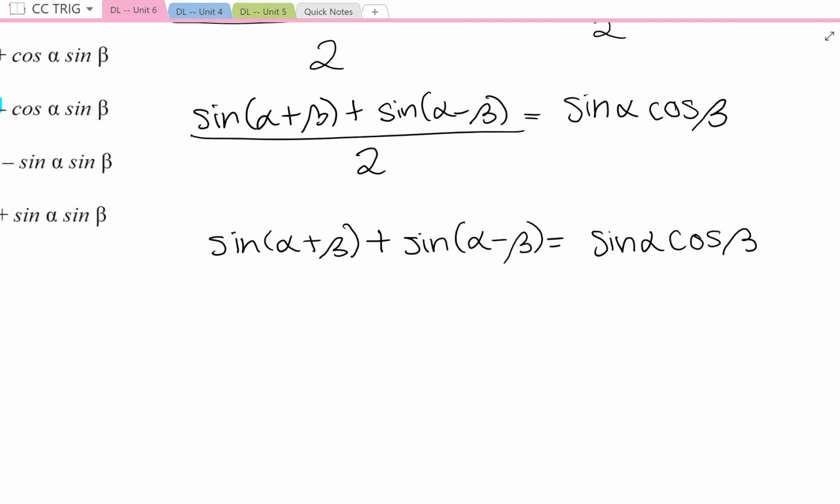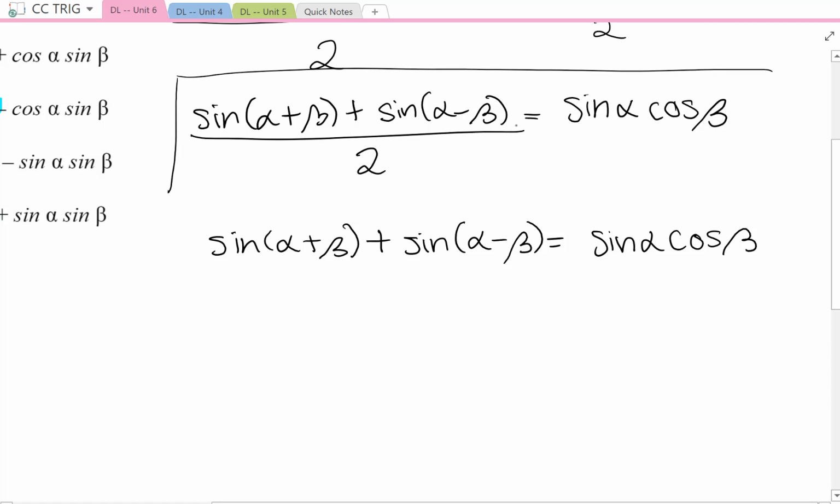Remember that dividing by 2 is the same as multiplying by 1/2. So you can write this formula as a fraction all over 2, or you could write this as a quantity for which you're multiplying 1/2. 1/2 times this quantity.